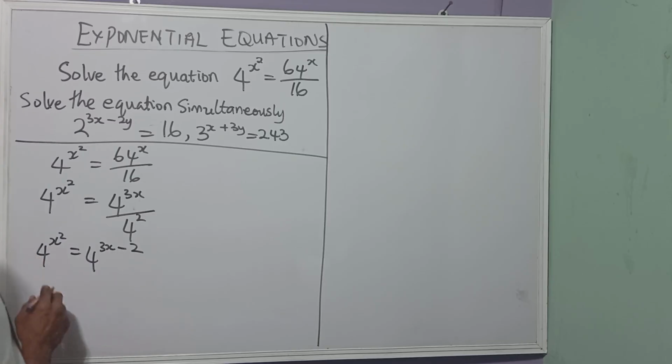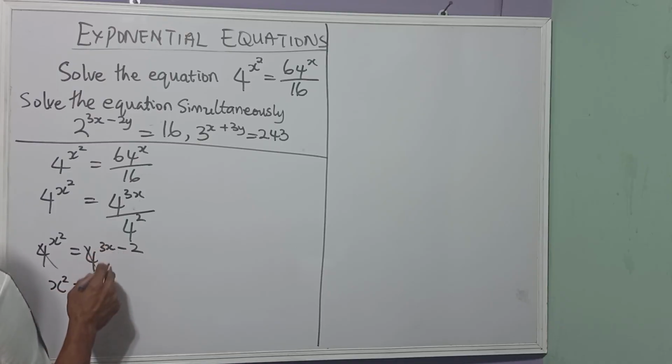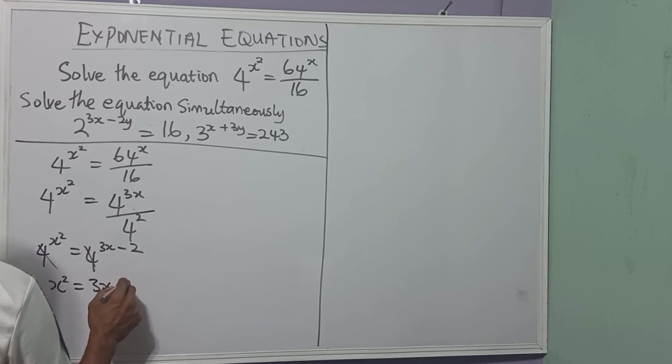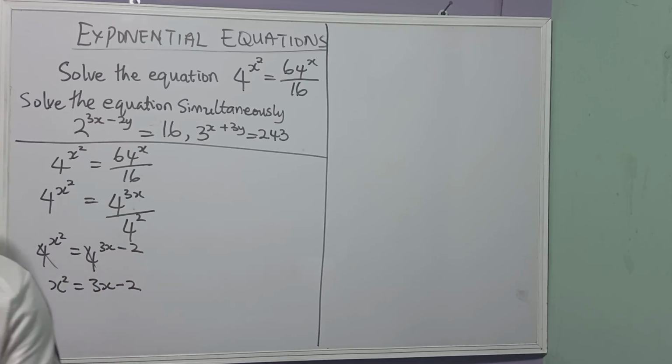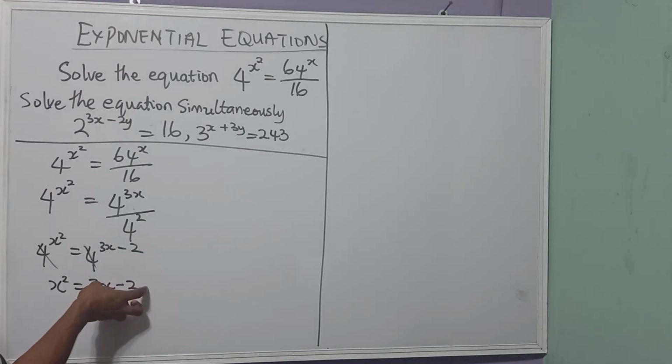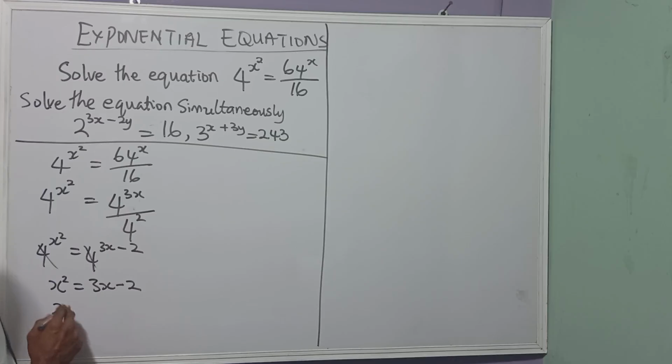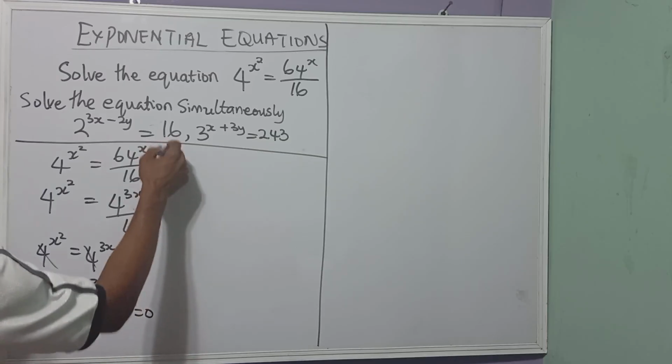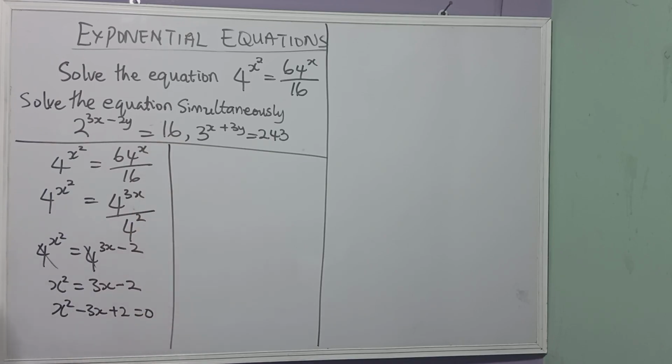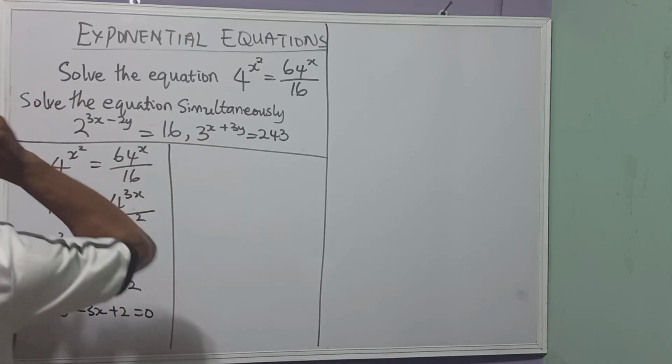Now we can cancel out the bases, for us to have x squared equals 3x minus 2. Now we can solve this as a quadratic equation. Moving both terms over to this other side, this becomes x squared minus 3x plus 2 equals 0. Now solving this quadratically, let's factorize. The factors of 2 will be 2 and 1.